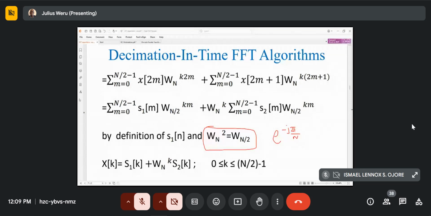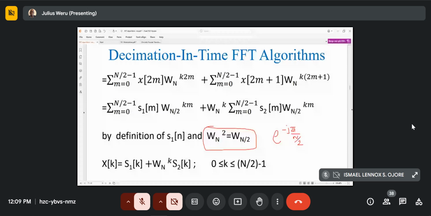If you square this, W N squared, it is like multiplying the denominator by 2, which is like dividing the numerator by 2. Sorry, the denominator is this one and the numerator is this one. Dividing the numerator by 2 or multiplying the denominator by 2 has the same effect.